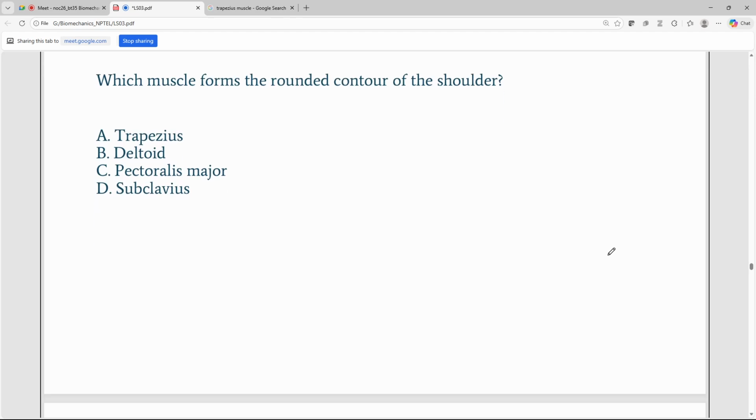Next question. Which muscle forms the rounded contour of the shoulder? Easy question.